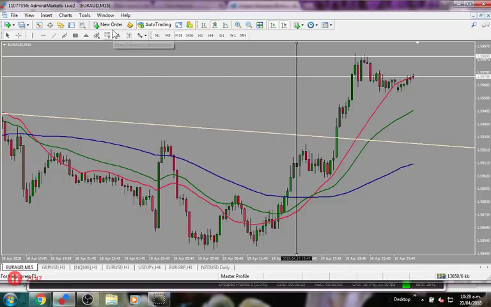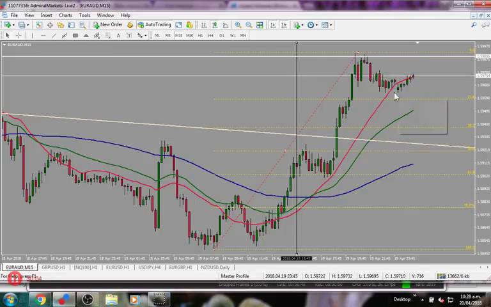So you can use Fibonacci, if you like to use Fibonacci and say, we've had this move, and you can bring this into the equation and say, okay, I'm waiting for a touch of one of the Fibonacci levels in conjunction with the moving average or something like that. I'm not going to go into Fibonacci today, but for those of you who do use it, that's an option.